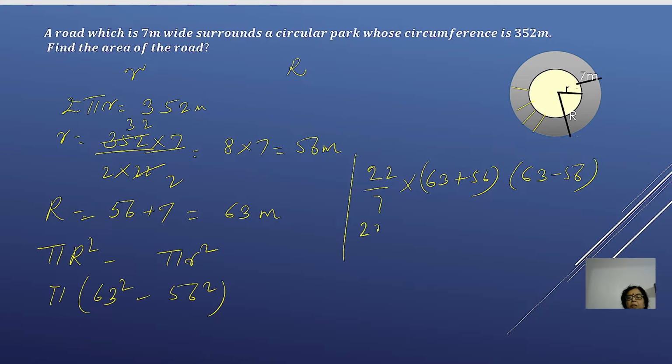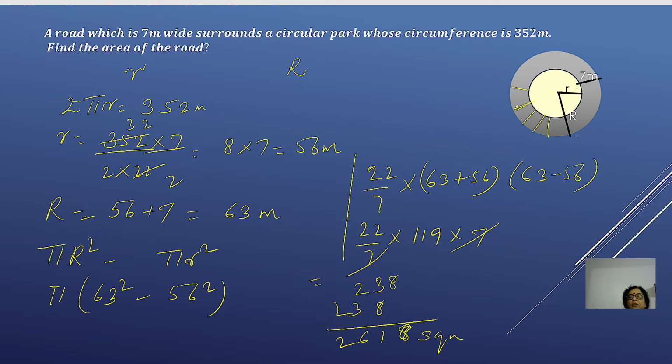Now this becomes equal to 22 by 7 into 119 into 7. 7 gets cancelled. Now if we multiply this, we get 2618 square meters. This much is the area of the road that is around this park over here.